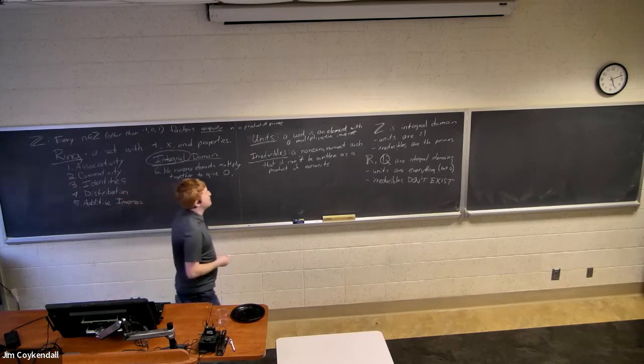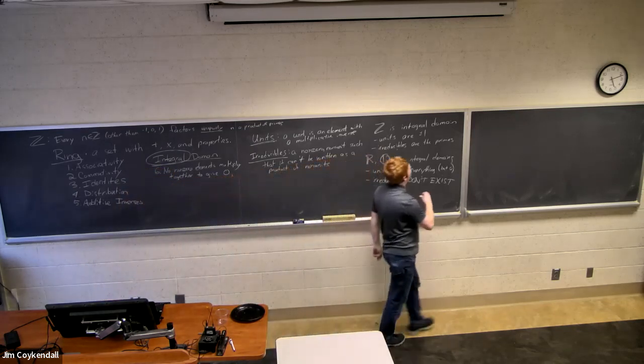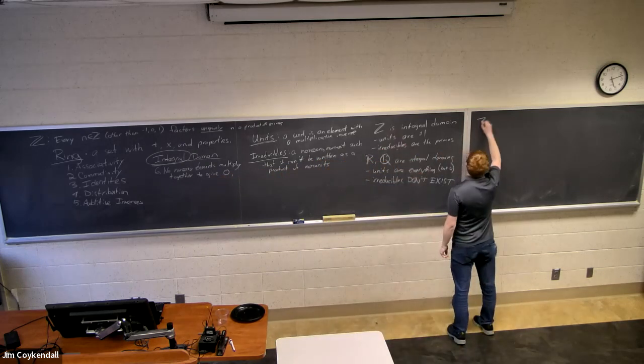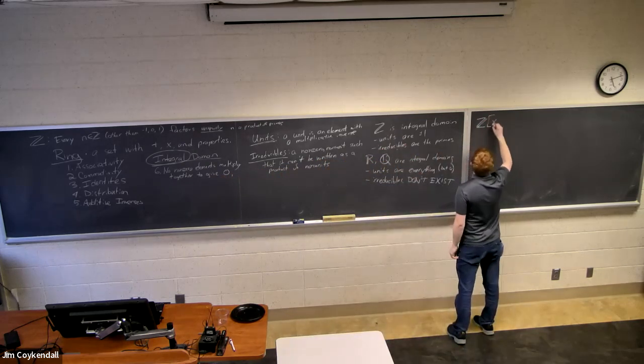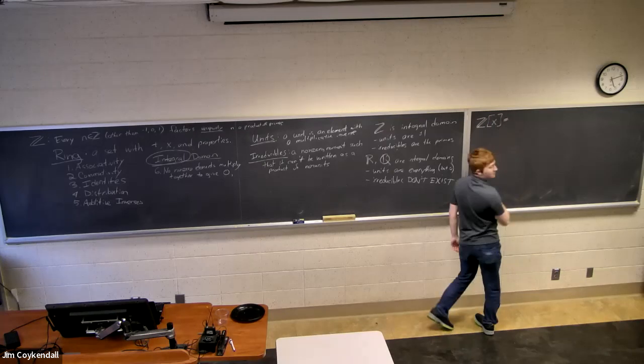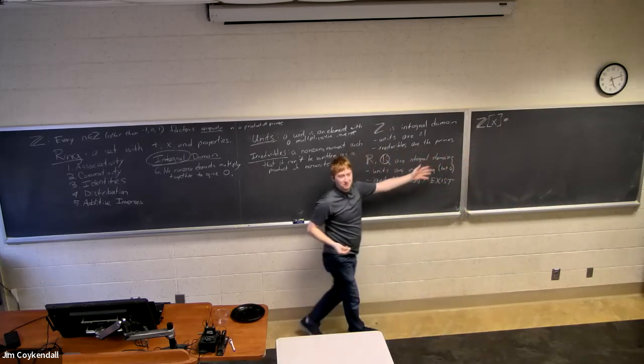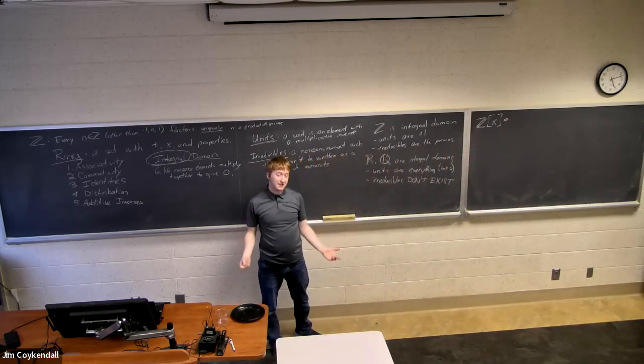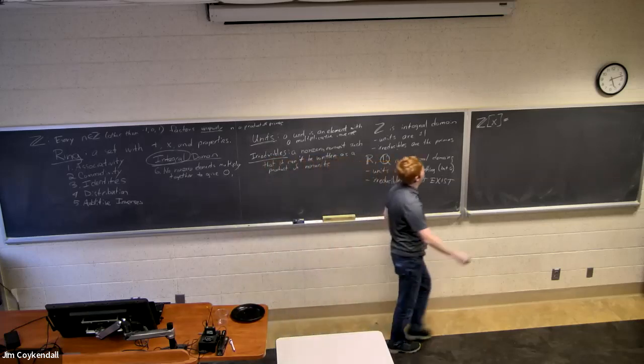So let's talk about some things that aren't fields, but aren't the integers. Some of you may not be familiar with this notation, but it is something that you are familiar with.